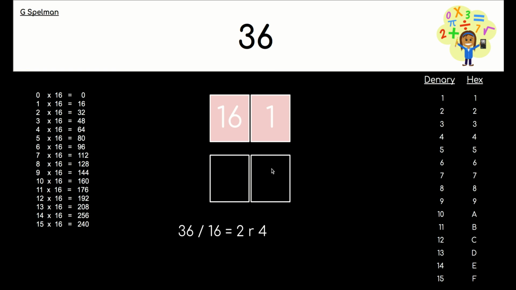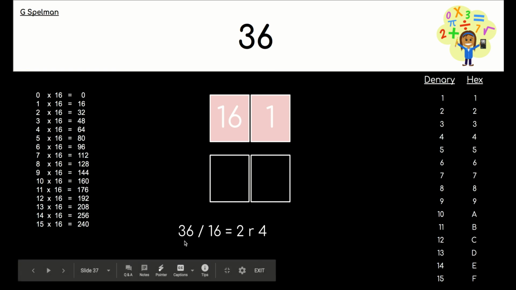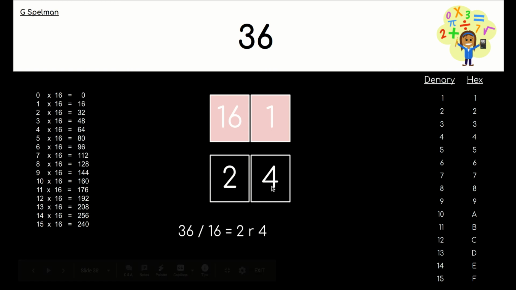And then you probably subtracted the 32 from 36 and you got 4. And that's exactly the method you should be using. So dividing our number by 16, seeing how many times it goes fully into the number, and then looking at the remainder. And our 2 went there and our 4 went there.